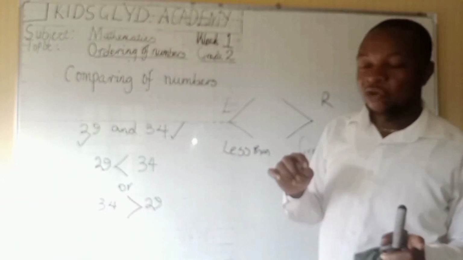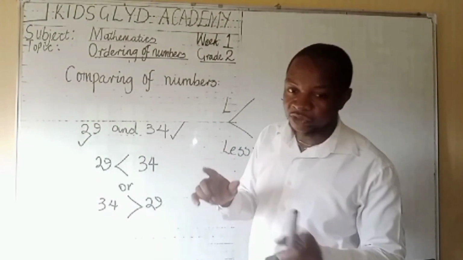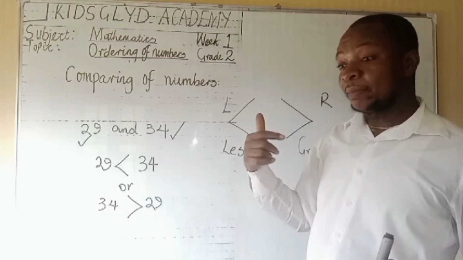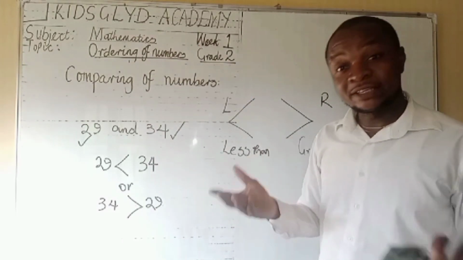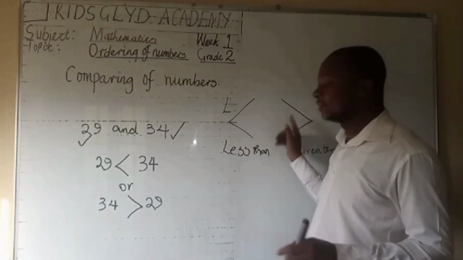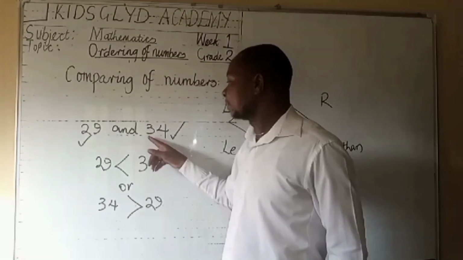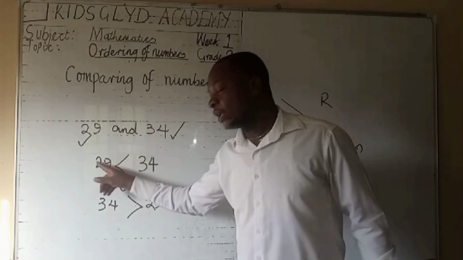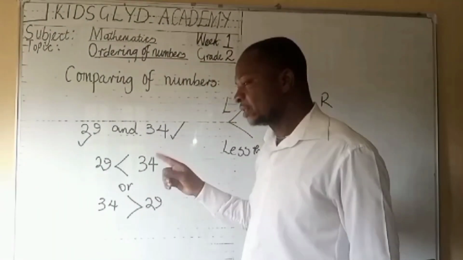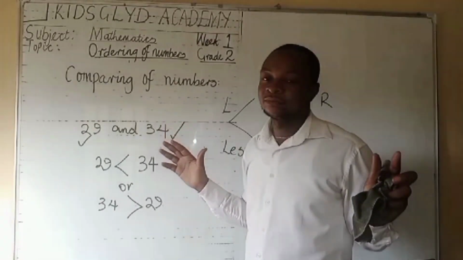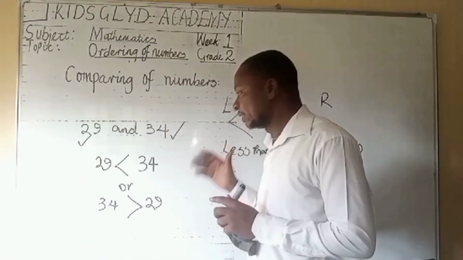What matters is who is bigger and who is smaller. If Mr. Michael is bigger than you, or Mr. Michael, you are smaller than me, you are still saying the same thing. That is what this and this are saying. Mr. Michael, I'm less than you, or I'm smaller than you. Or you say, Mr. Michael, you are bigger than me. That is how we order numbers with this sign.